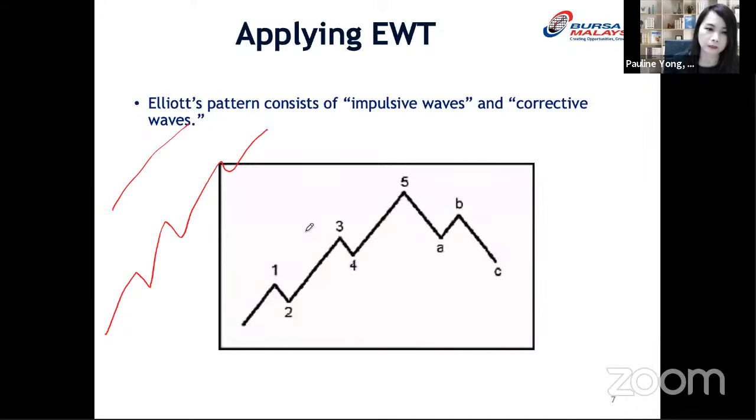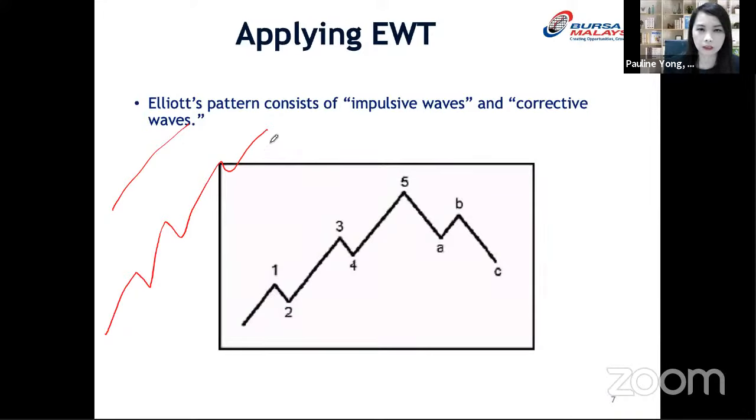There must be a retracement. The retracement part, we have done in Fibonacci, where we look at how many percent of retracement there is before it continues to move higher, and then you have another retracement, and then it moves higher.